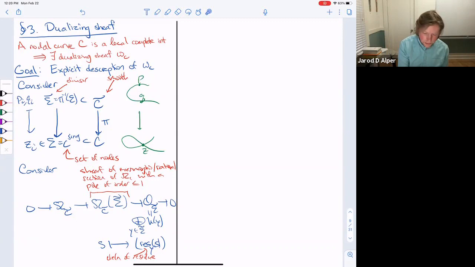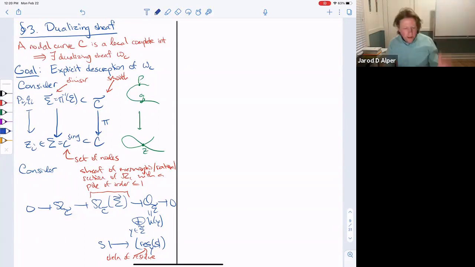So for instance, if you had a section S such that all the residues were 0, then there's no poles, and your section is not just rational. It is a section of the sheaf of differentials. It's a regular section. Okay.